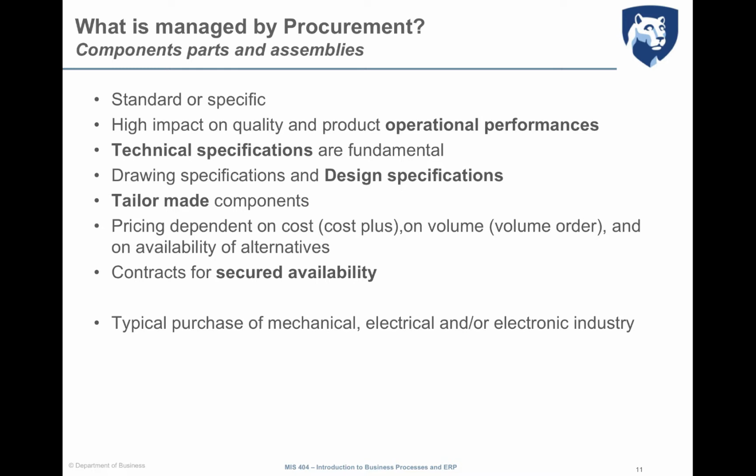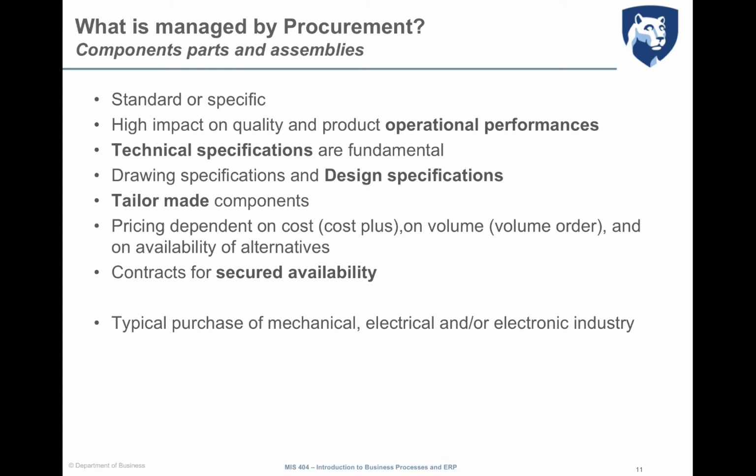So these are all components that can be more or less standard, or more or less specific, which influence the operational performance of the final products. And to satisfy company requests, they need to be specified in great detail from a technical perspective.